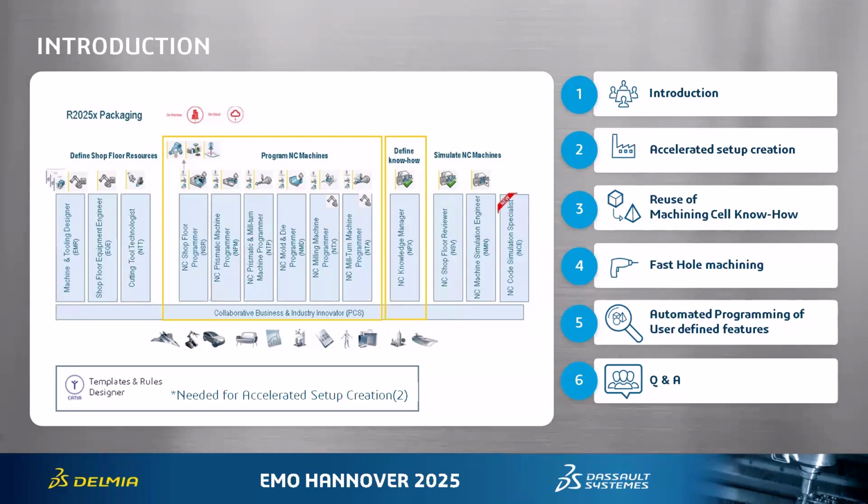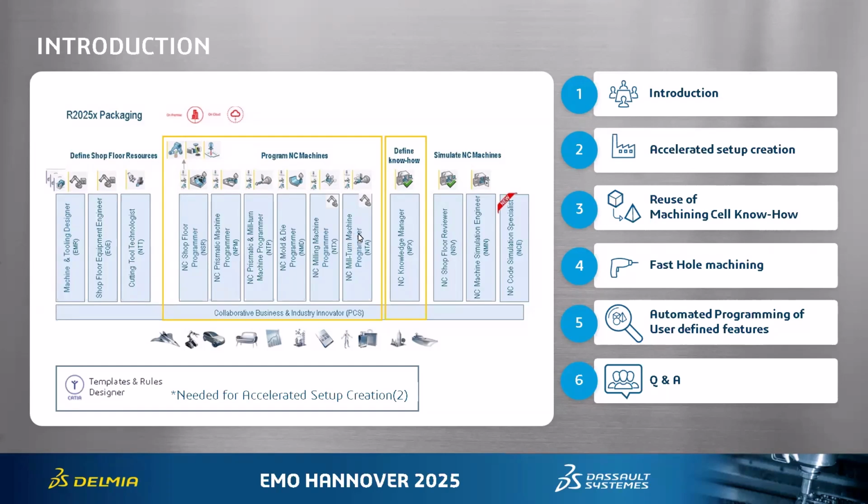On the left side, you see the portfolio of DELMIA machining, and which roles I needed for this demo. You can use the NC shop floor programmer up to the NC mill turn machine programmer.